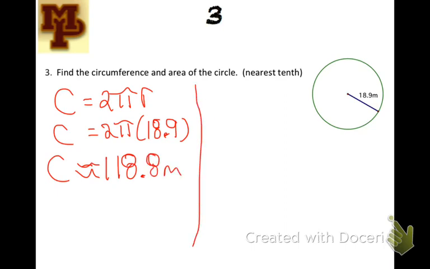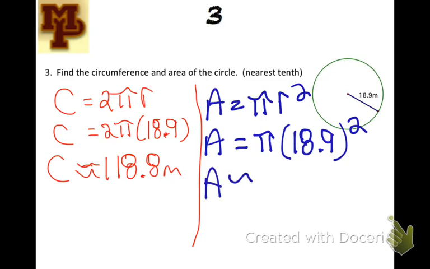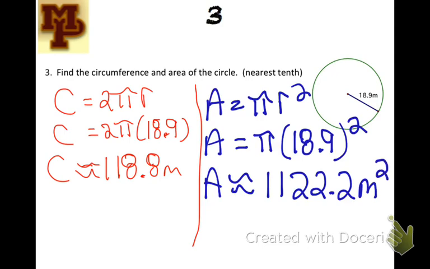And then we have area. Area is pi r squared. So area is pi times the radius, which is 18.9. We're going to square that. So area is about 1122.2, and that's meters squared for area.